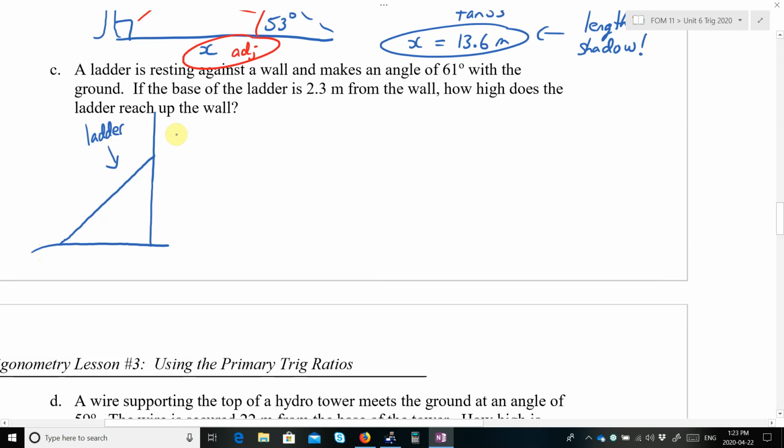So that's the ladder. This is the wall. And this is the ground. There's our implied 90-degree angle. Okay, and a ladder is resting against a wall and makes an angle of 61 degrees with the ground. So 61 degrees is here.